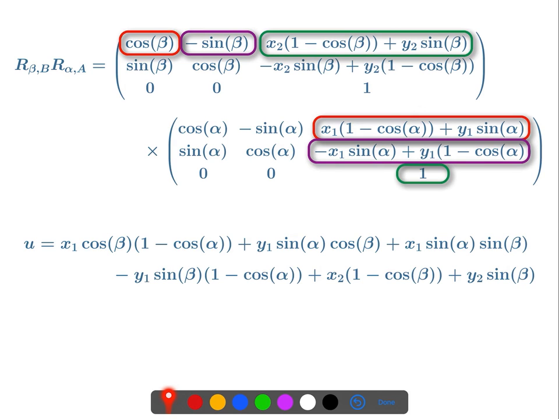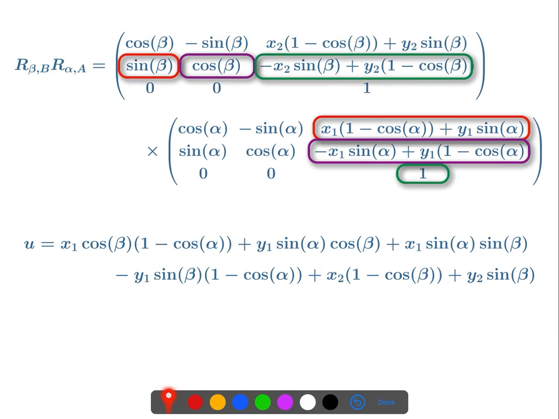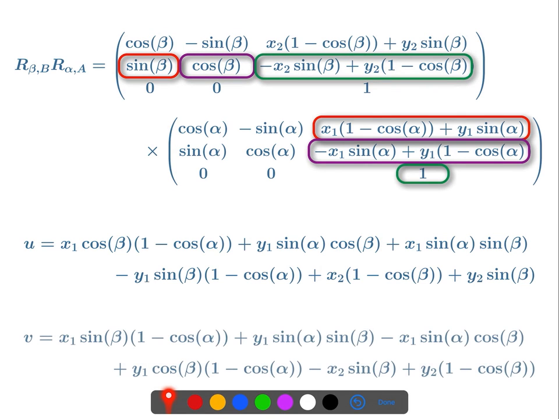For V, we want to get the second row and the third column. So we want to take the dot product of those two. So let's see what happens with that. So I have x1, 1 minus cosine alpha times the sine of beta. I have y1 sine alpha times the sine of beta.